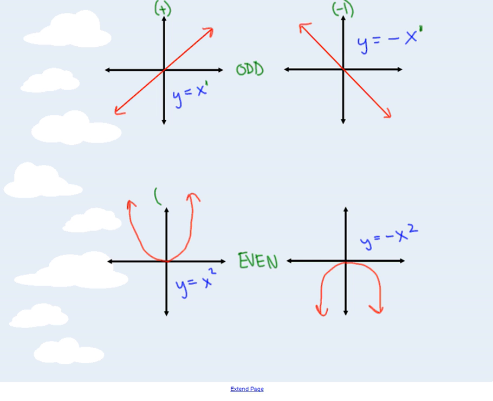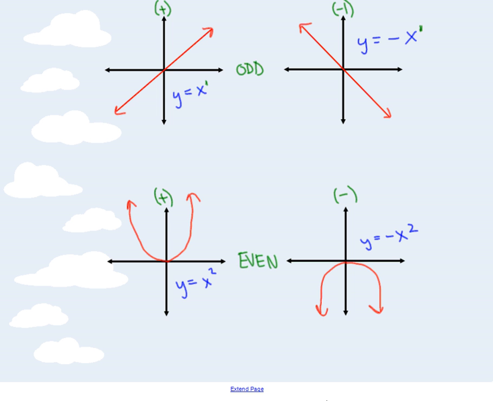This one on the left is our positive even. This one on the right is our negative even. So if your exponent is even, it's going to follow this same basic idea. Again, the higher your exponent goes, the more curves or wiggles that your graph is going to have between the two endpoints. But at the end, they're all going to behave in one of these 4 categories.